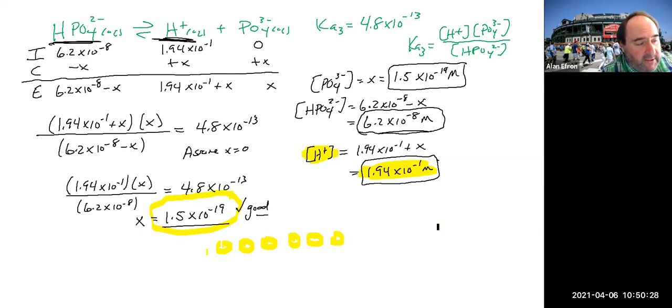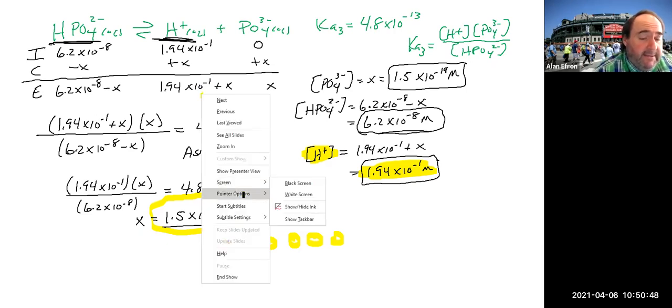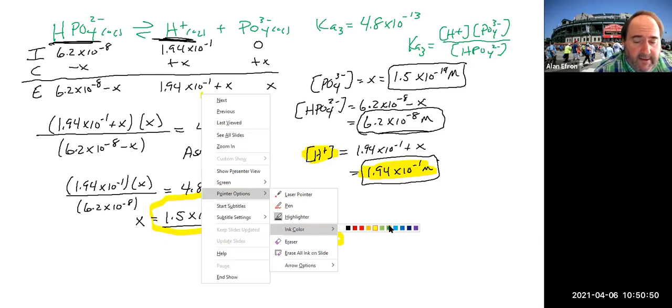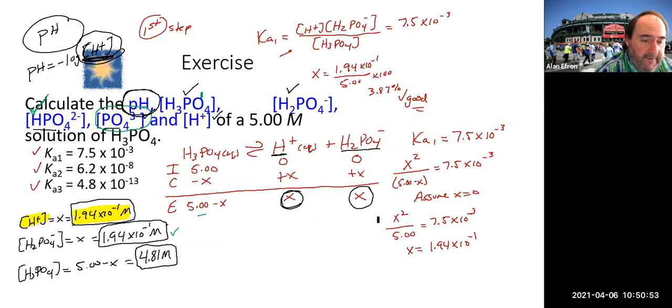So it's a very small amount of change that occurred in that third H plus that came off. As you can see by doing this calculation all the way to the end, where did the majority of the H plus come off? In which step did we lose pretty much the majority of the H plus? That step is the very first step. The very first step, way back here, is where the majority of the H plus comes off in this triprotic, polyprotic acid.